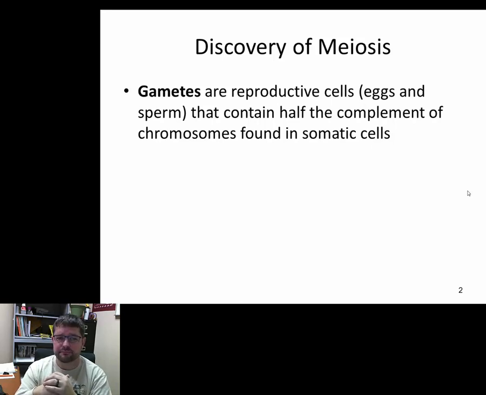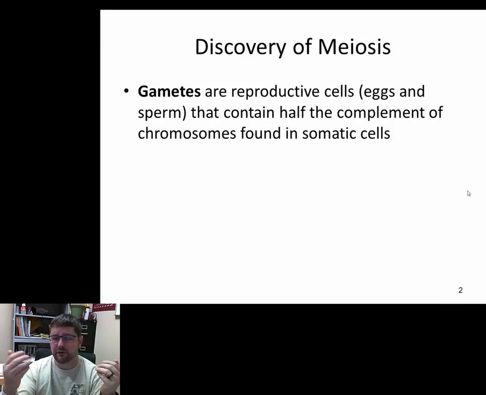Okay, so regardless of the organism we're talking about, whether plants or animals, protista or fungi, if they can do sexual reproduction, they produce gametes. And gametes are the reproductive cells. They can be a huge variety. It could be the normal stuff that we talk about, like eggs and sperm.